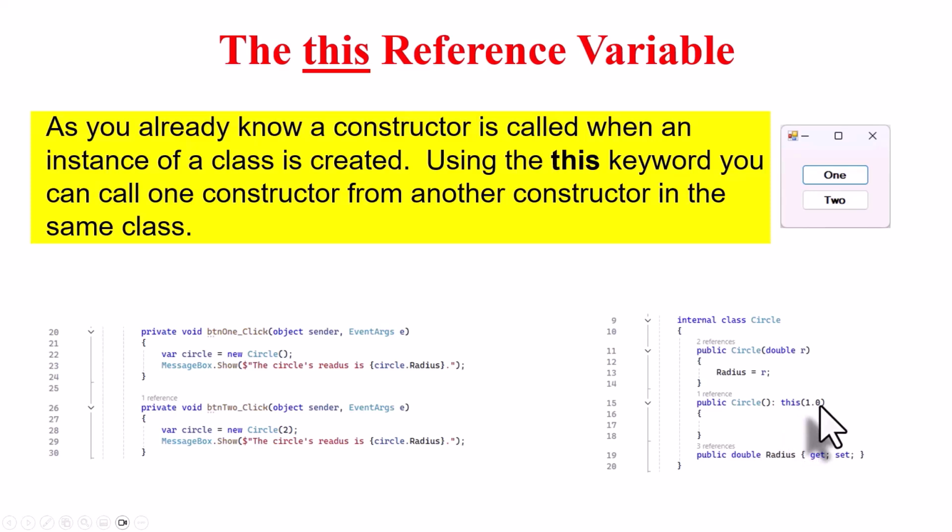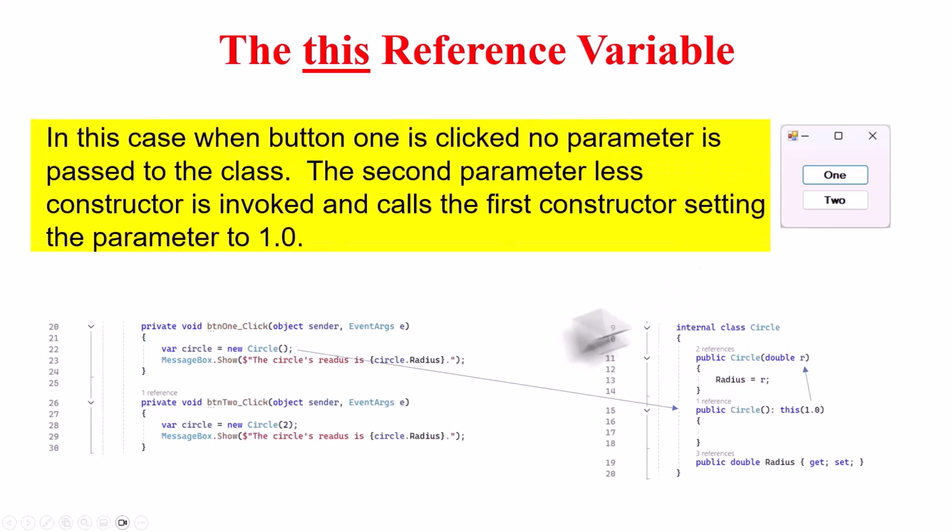What's happening here is if you don't send something to the circle, in other words, there's no R coming in from your calling program, it's going to go ahead and use the parameterless constructor first to bring in the 1.0, which is going to point up to this guy and make this happen. If you do put something in, like a 2, then it's going to simply use this constructor, and that's it.